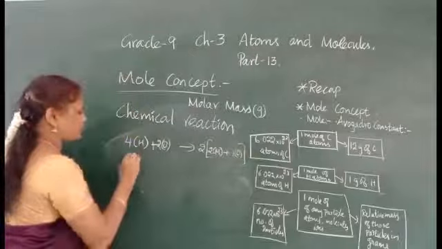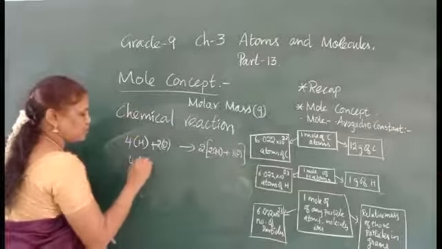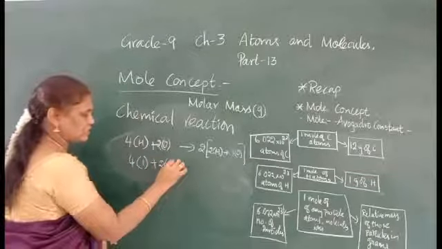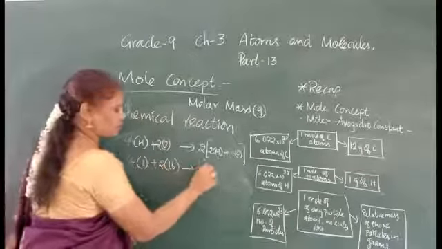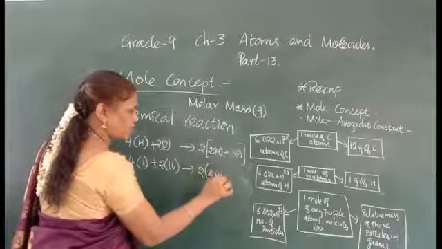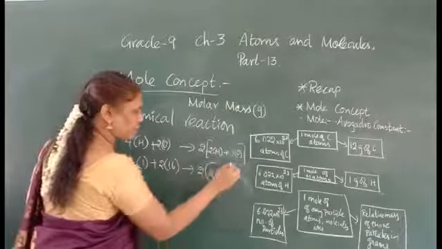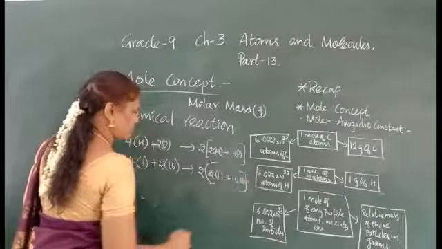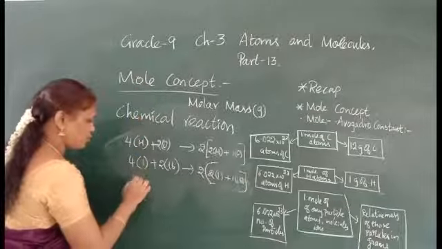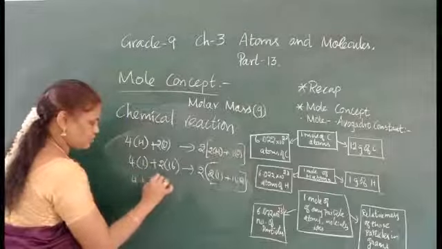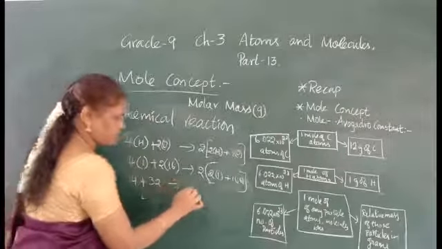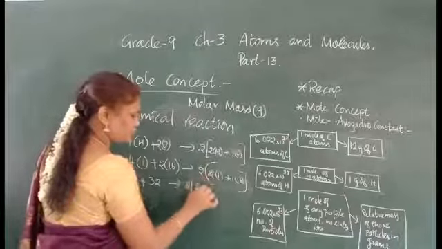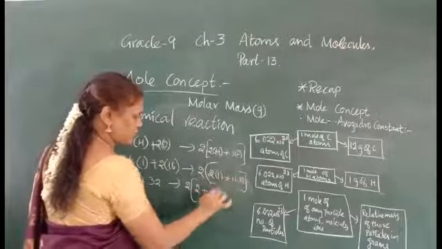Now when you are determining with the atomic mass, hydrogen is 1, plus 2 into 16 for oxygen. Here 2 into 1 plus 1 into 16. Now you tell me, 4 plus 32. Here it is 2 into 1, 2 plus 16.